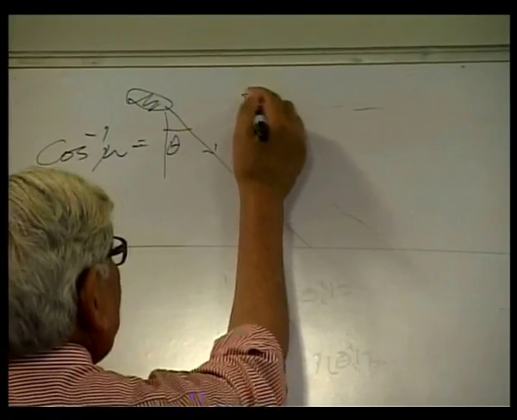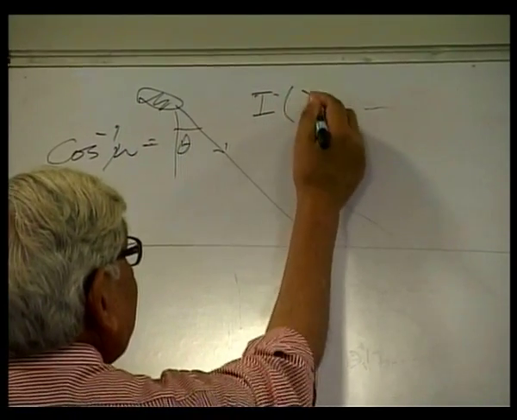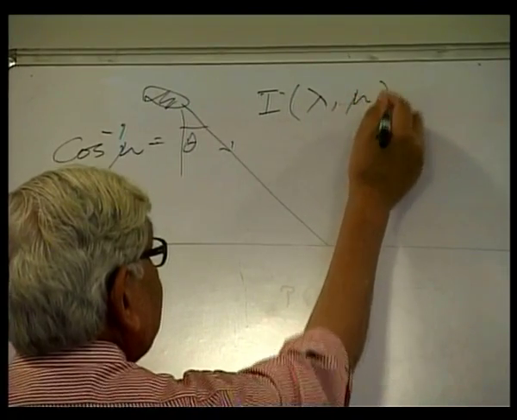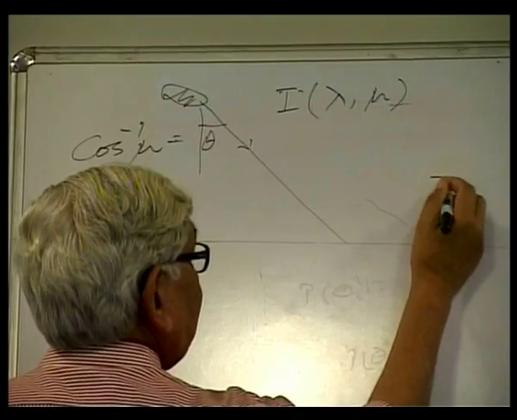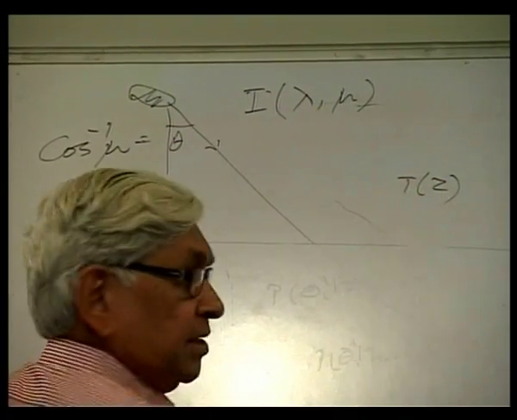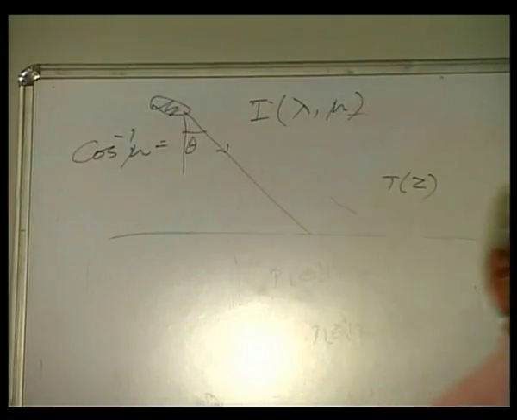The question is, this I, which the satellite measures at wavelength lambda and the look angle mu, can be calculated if I knew, for example, the temperature as a function of z. I'll just show you how.